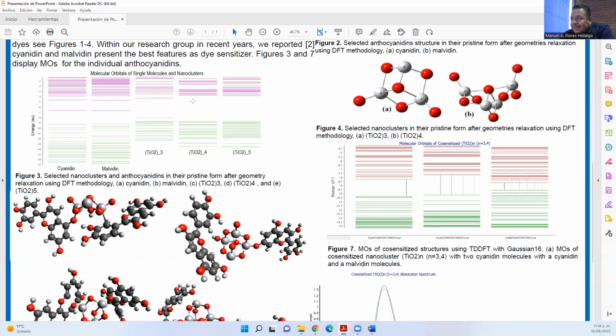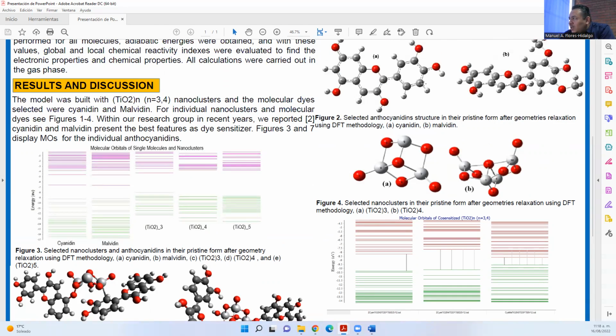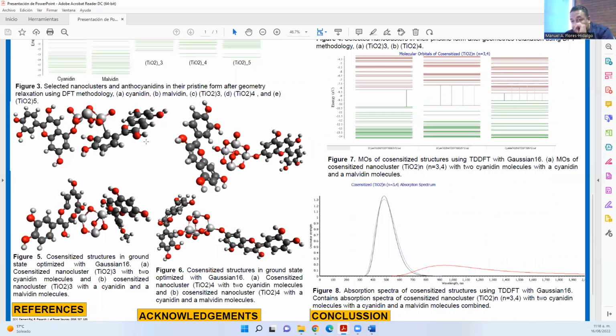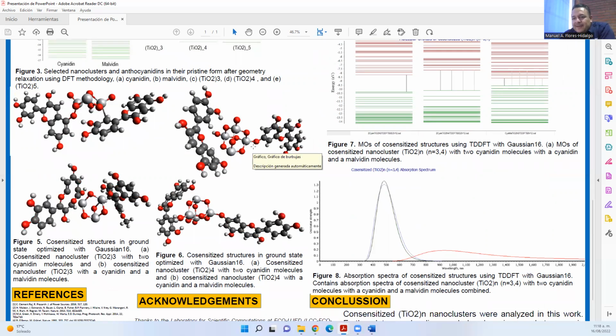When we take these 2 molecules and put them to interact with the nanoclusters, we get this kind of system. Actually, it presented some difficulty to reach the convergence of our calculations using Gaussian 16, because there seems to be some complexity in working with these molecules, which are charged.